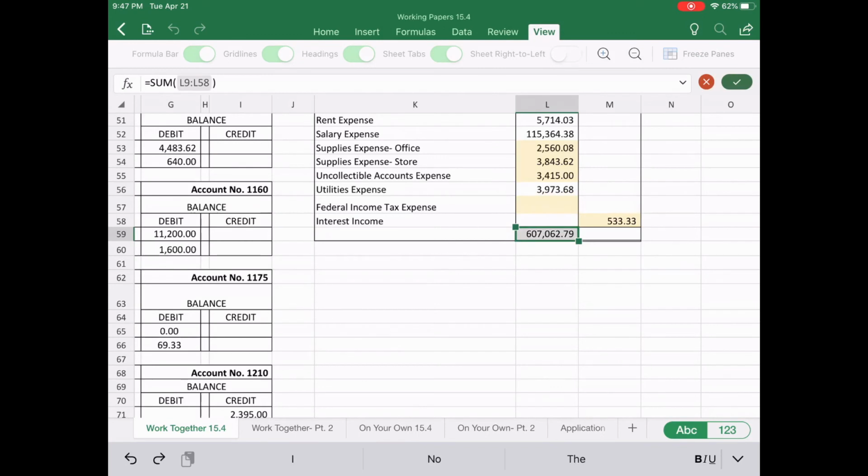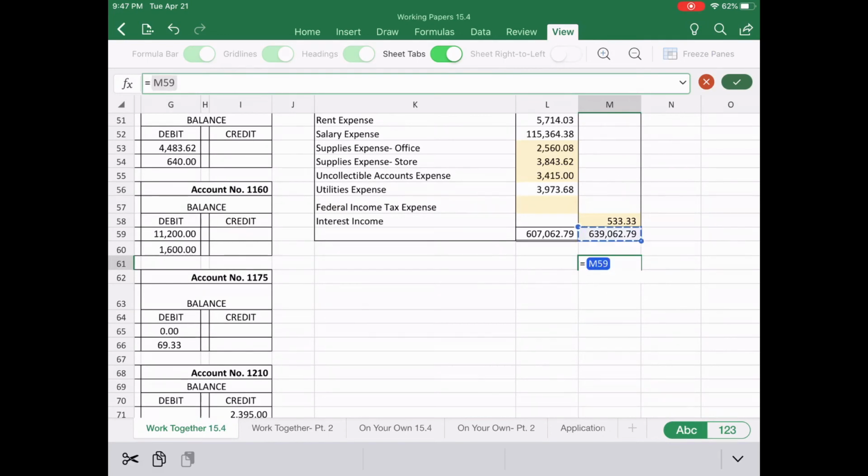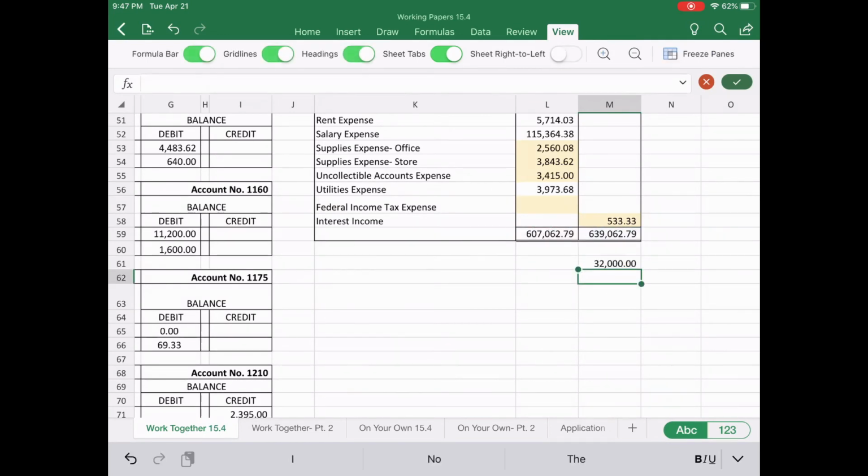Okay, so if we take the bigger number minus the smaller number, at the beginning of the month we had paid $32,000 in federal income tax expense.